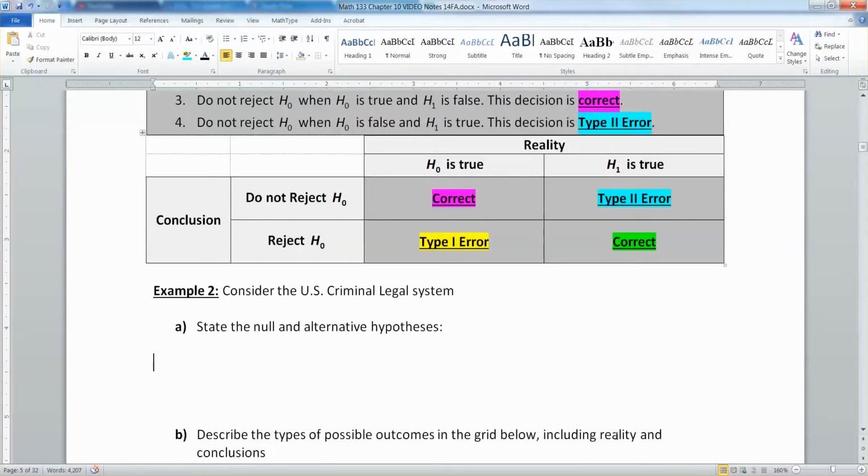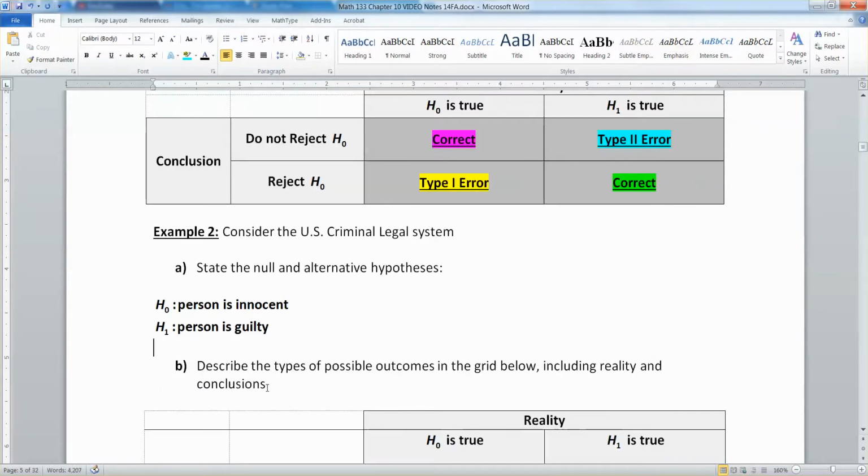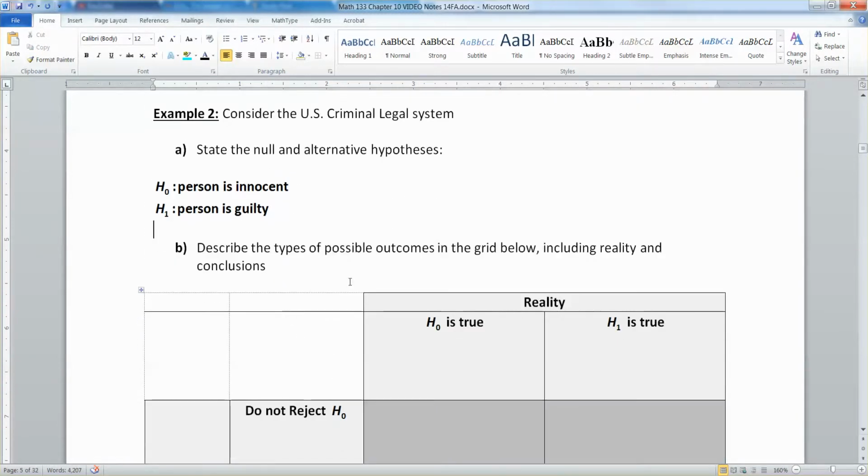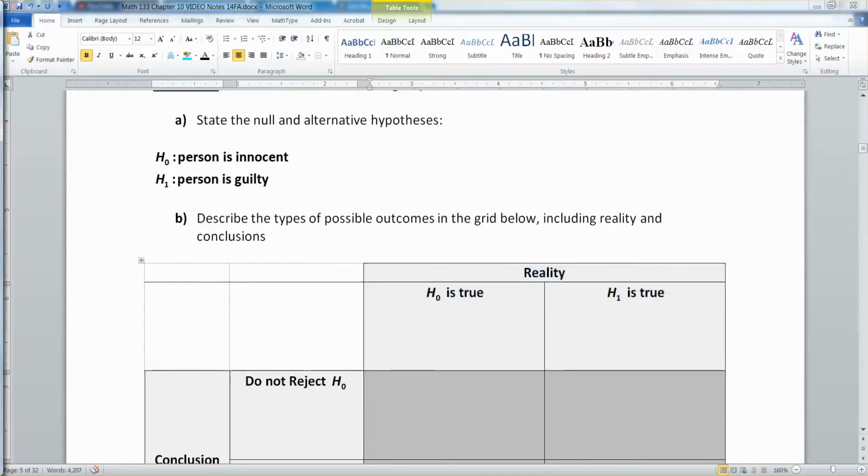All right, so let me type those up real quickly. There we have it, the null and alternative. Now, what are the possible outcomes of all of this in the grid below? So let's think about this. Now also keep in mind, we are somehow magically able to know reality, which of course in real life doesn't actually happen. So this would be the person truly is innocent, right?